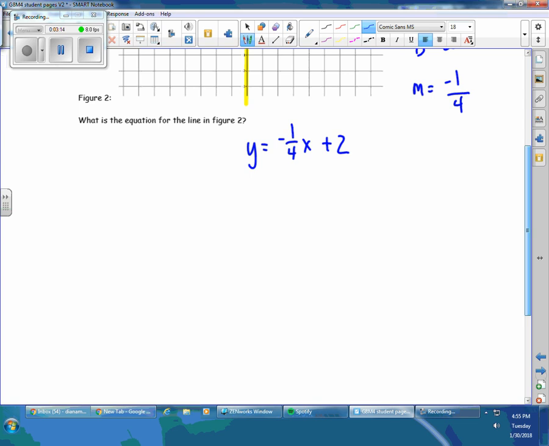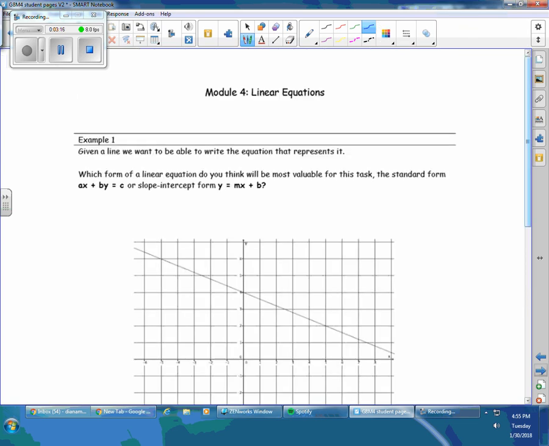All right, next page. Given a line, we want to be able to write the equation it represents. Which form of a linear equation do you think will be the most valuable for this task? The standard form, ax plus by equals c, or slope-intercept form, y equals mx plus b? Well, certainly slope-intercept form is the easier one to do. Again, we just identify our b. Here it's 4.